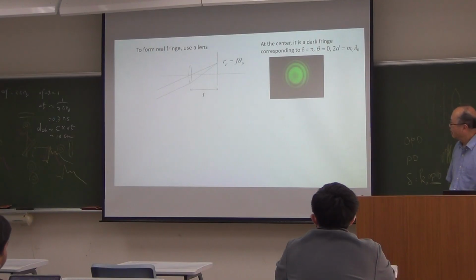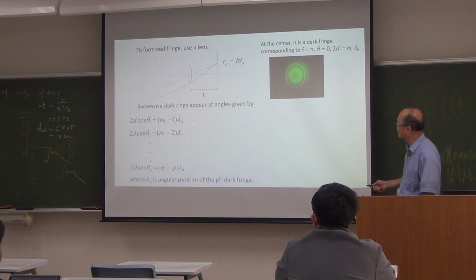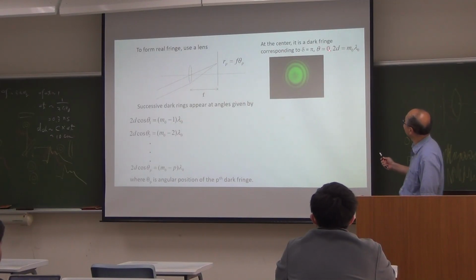Okay, all right. So if we count the fringes, when you have a small angle, theta 1, with a non-zero d, you have this result. When theta is equal to 0, then 2d equals m0 lambda 0.